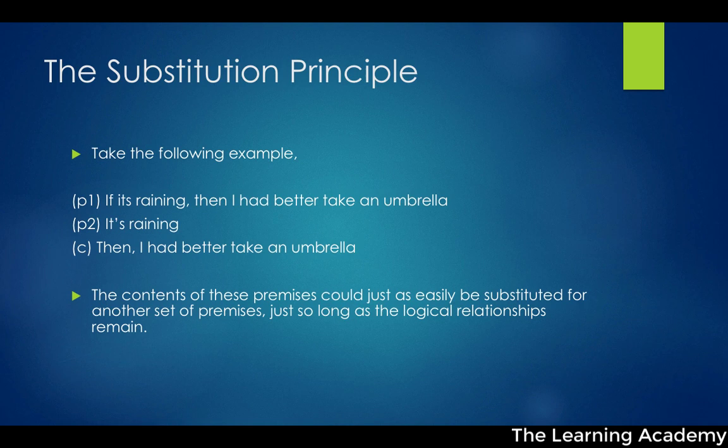And the logical relationship is, the first premise is what we call a conditional. It is an if-then statement. If something is happening, then I should do this thing. And then premise 2 is just confirming that the first thing is happening, and so therefore I should do this thing, is the conclusion. We could substitute anything within this argument, and it will still remain valid.